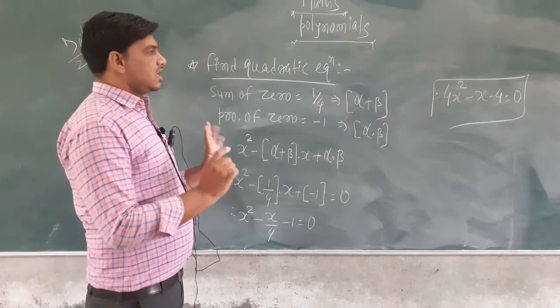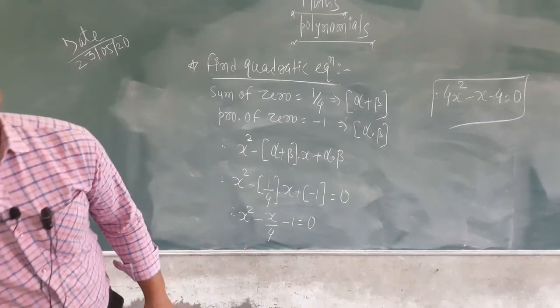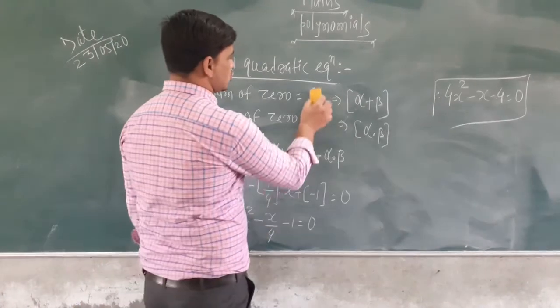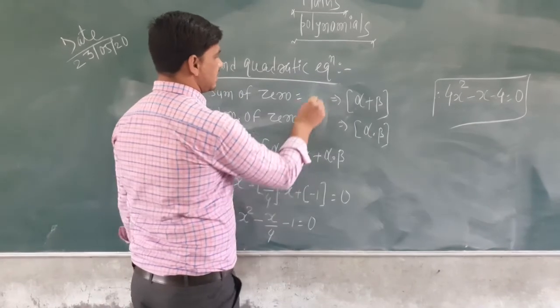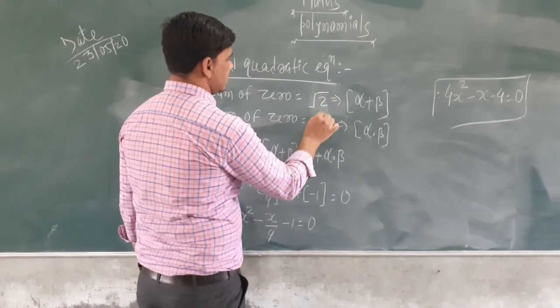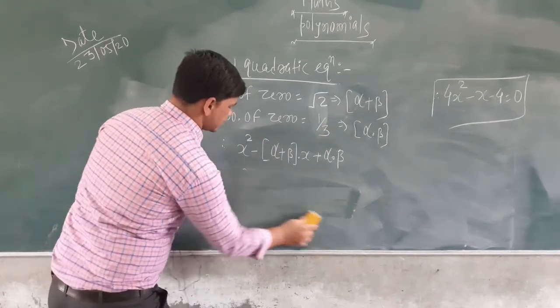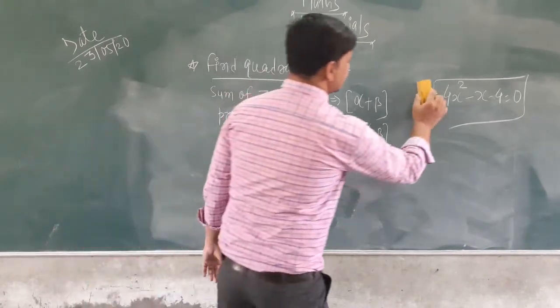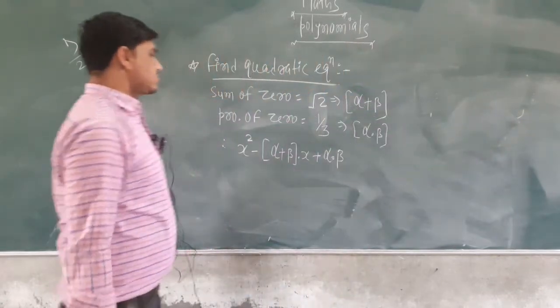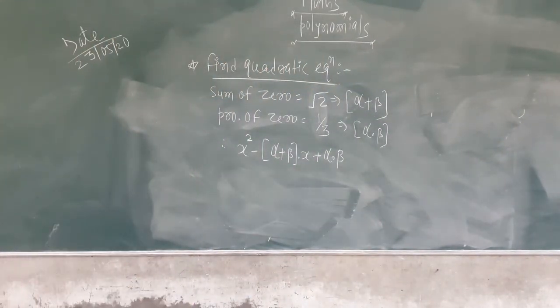Now we will take another example, that is very easy. I will take root 2 and 1 by 3. How can we solve this question? The sum of zeros is given as root 2 and the product of zeros is given as 1 by 3.